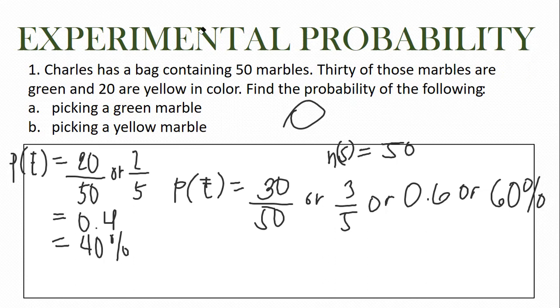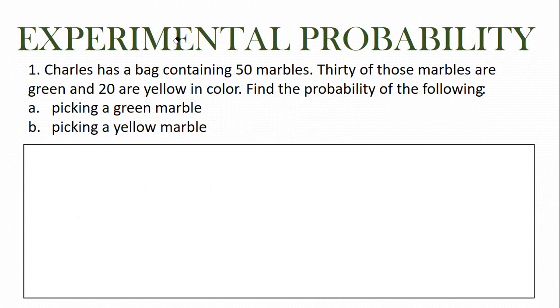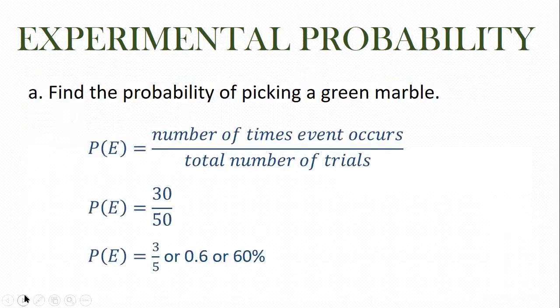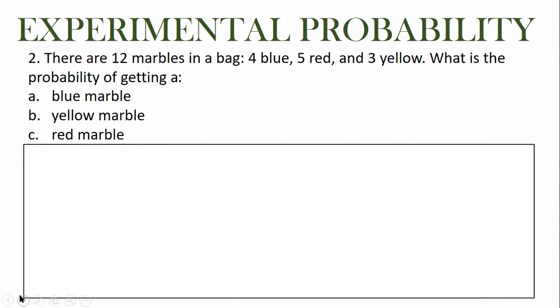Ayan. Let's have another example for experimental probability. Let's have another example. There are 12 marbles in a bag. 4 blue, 5 red, and 3 yellow. What is the probability of getting a letter A, blue marble, letter B, yellow marble, and letter C, red marble?